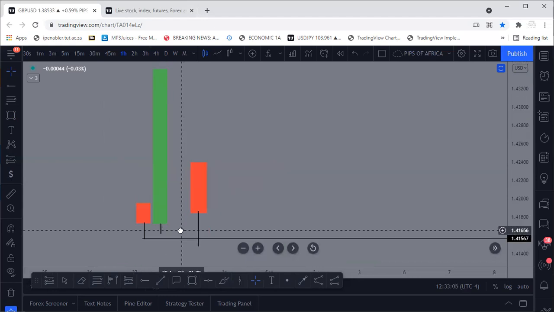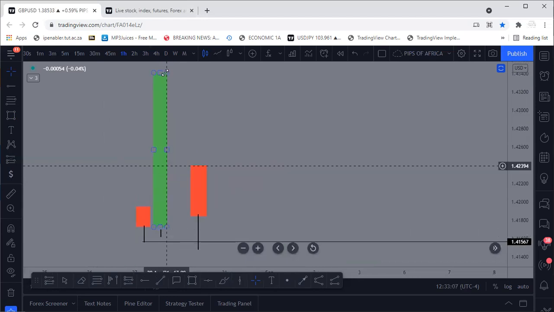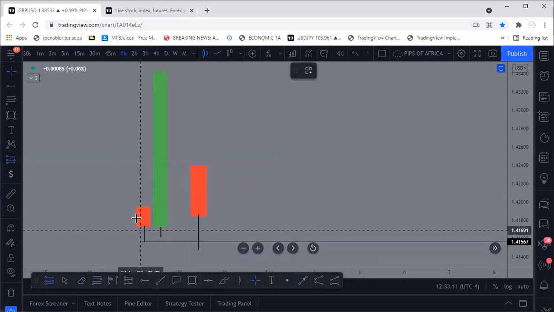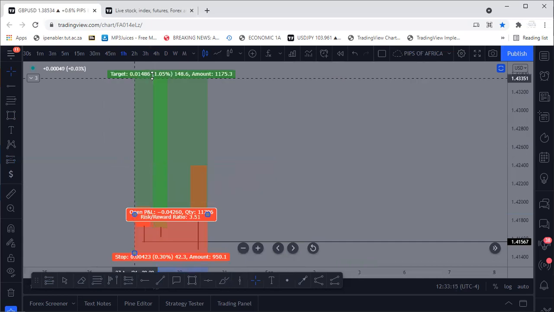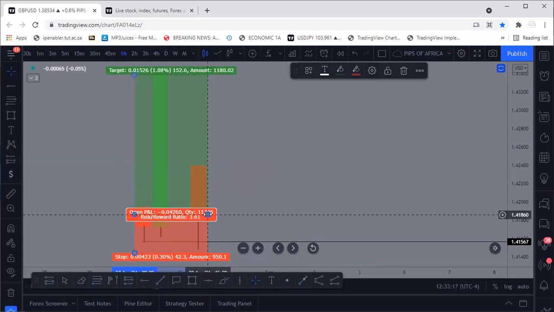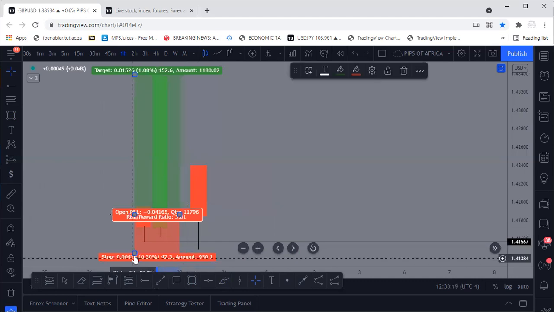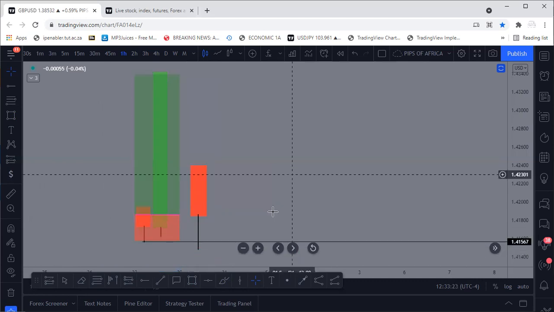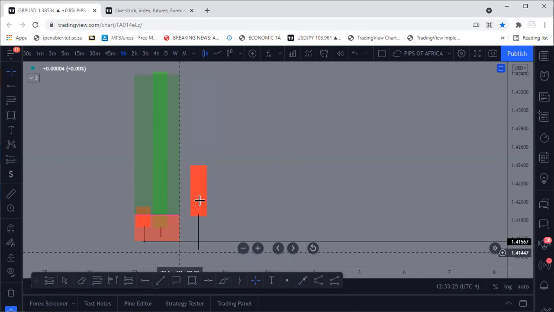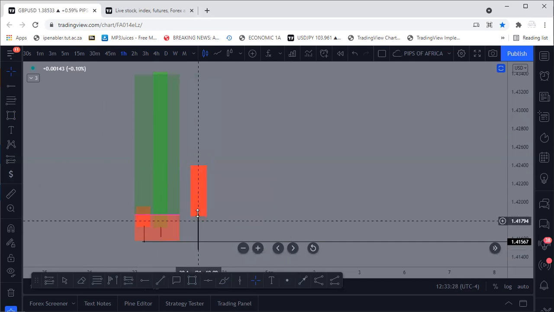So the market makers understand that someone who bought here was deeply in profit. He or she made a lot of money. The retail stop losses are underneath here. They understand that. That is why they do this.